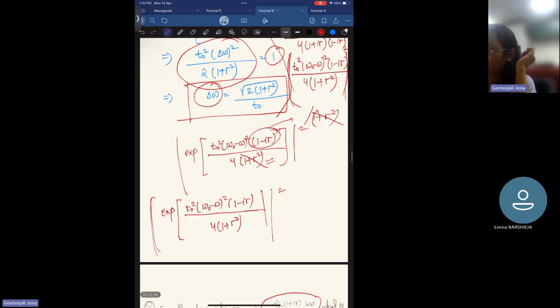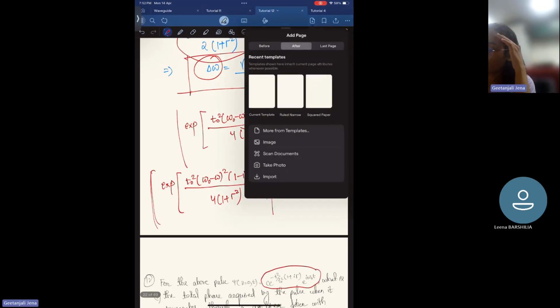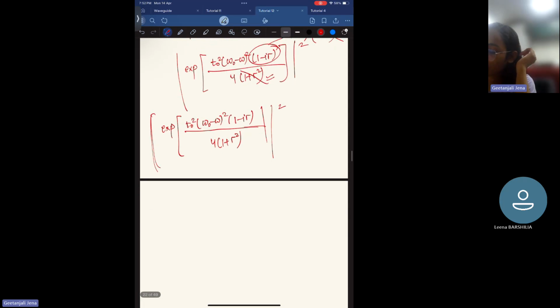Before that, one thing you can do is separate out the real part of the exponent and the complex part. The real part will have 4 1 plus gamma square, and there is the exponential part which is minus i gamma.